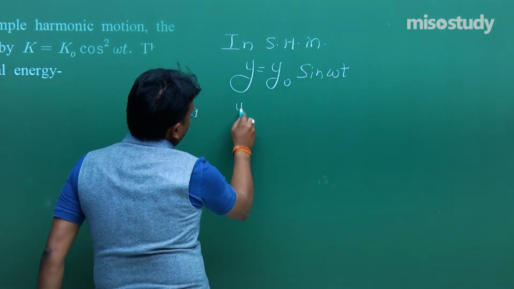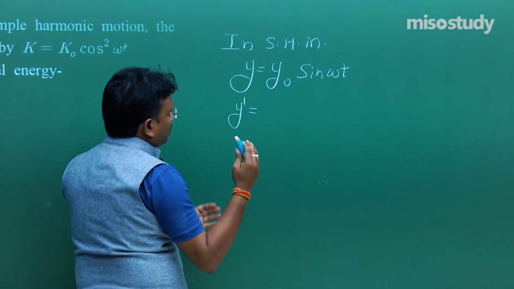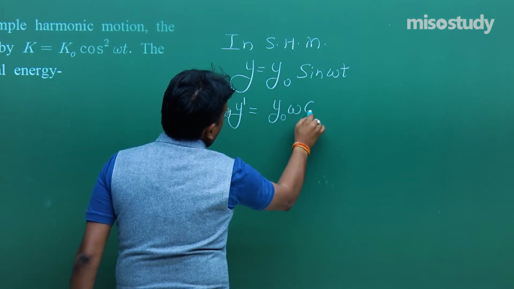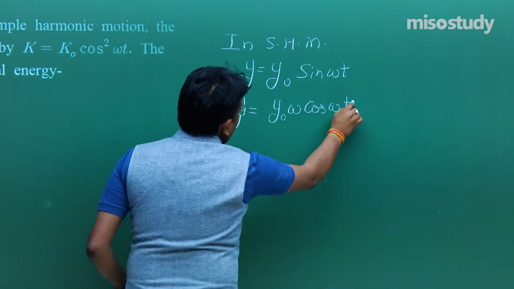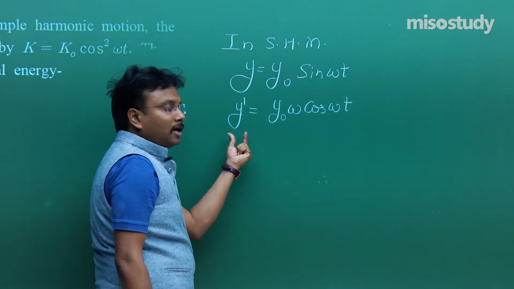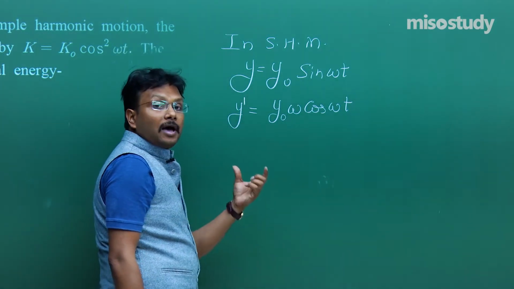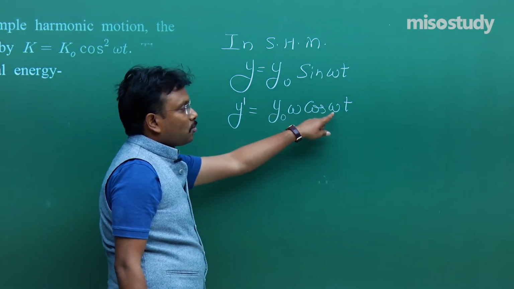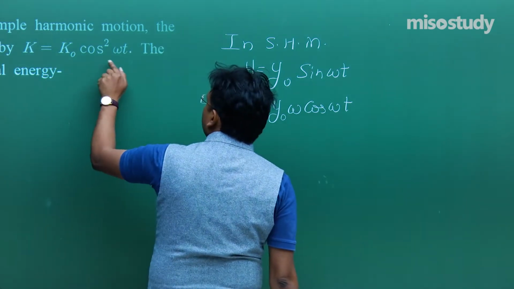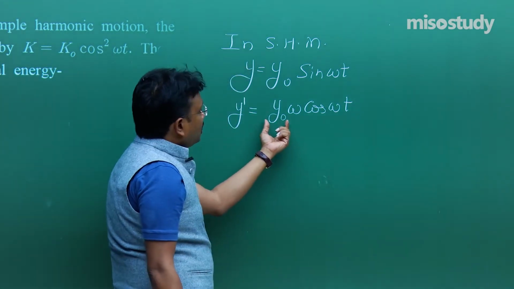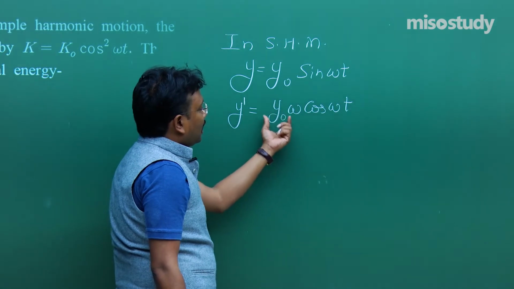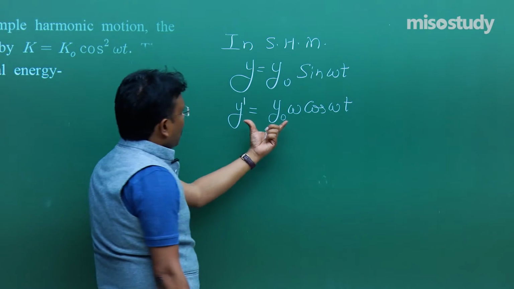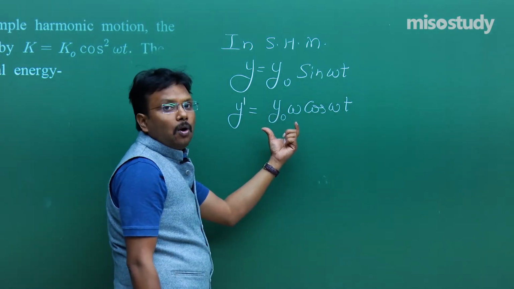So simply, just to give you a sort of revision, it's y naught omega cos omega t. You know its velocity is the first order derivative. So kinetic energy is half m v square. So v is this much. So y naught square omega square cos square omega t. So the same equation we are getting over here, and y naught omega whole square, they said it is K naught. Fine. So now I hope the equation is clear to all of you.